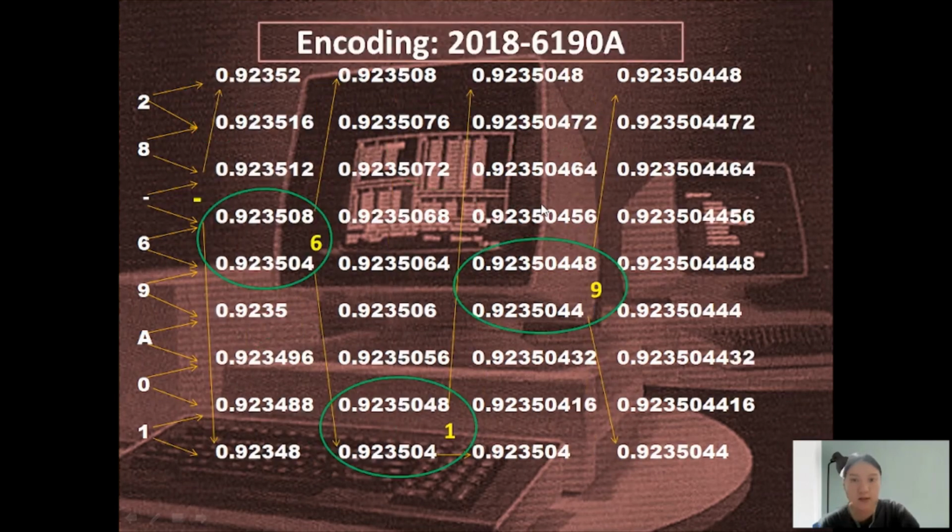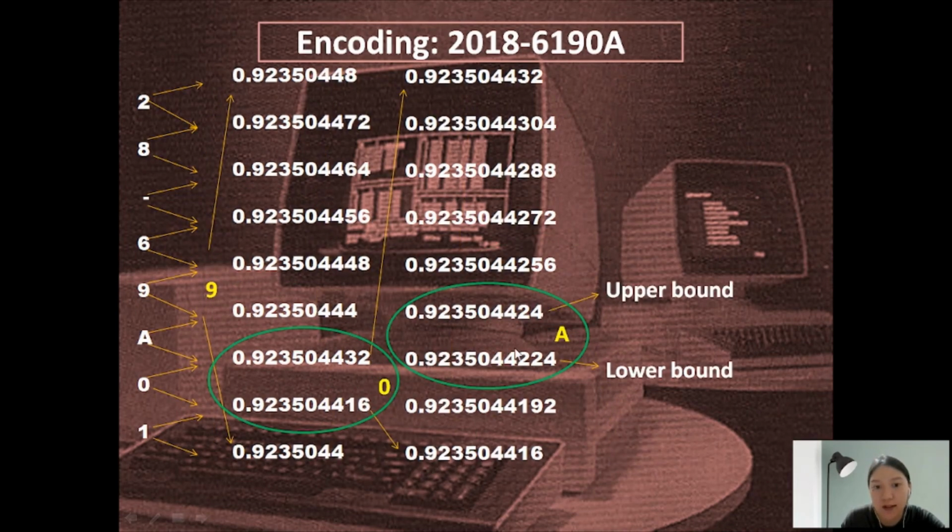Finding its value, it is between 0.9235 and 0.923508, so it is equivalent to number 6, and so on and so forth. So we concluded that this is the lower bound and the upper bound by decoding our data.